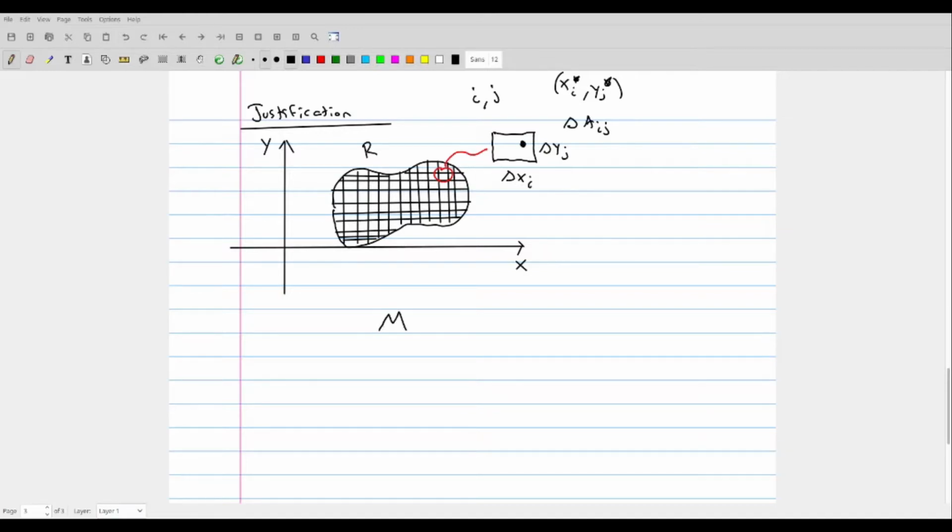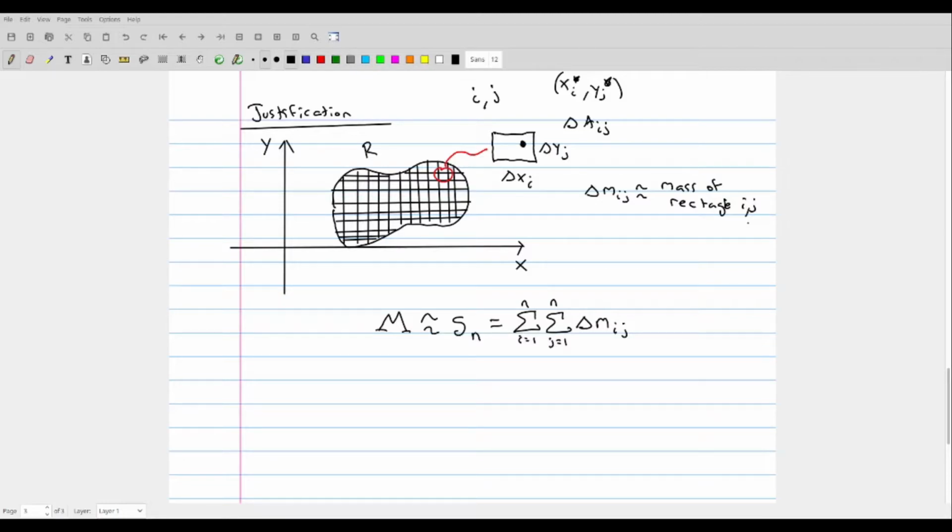The total mass of this object, this lamina R, is going to be approximately equal to the Riemann sum Sn, where Sn is the double sum over all of these rectangles of delta mij, where delta mij is approximately equal to the mass of the ijth rectangle.